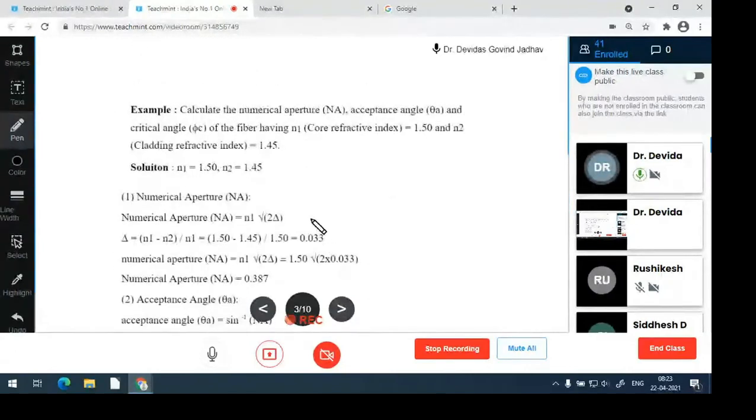So let us turn to the third problem. In the third problem, we have to calculate the numerical aperture, NA. This problem also we discussed in yesterday's tutorial.